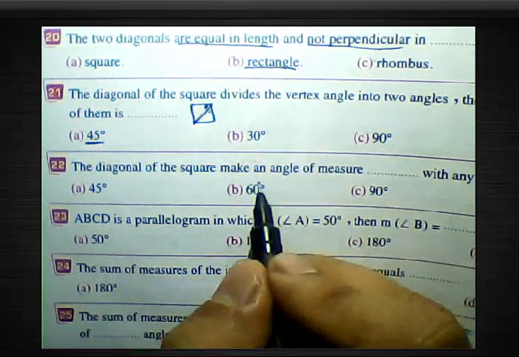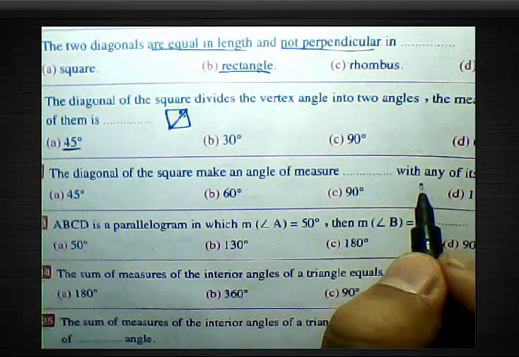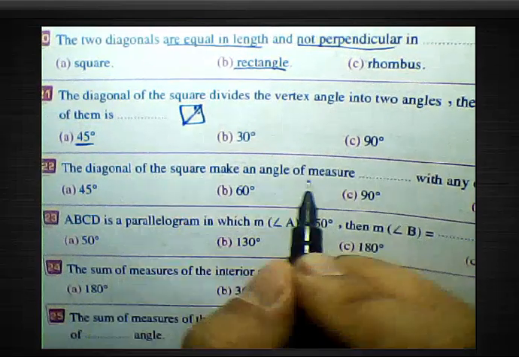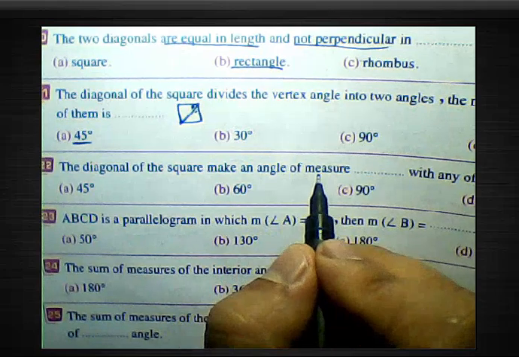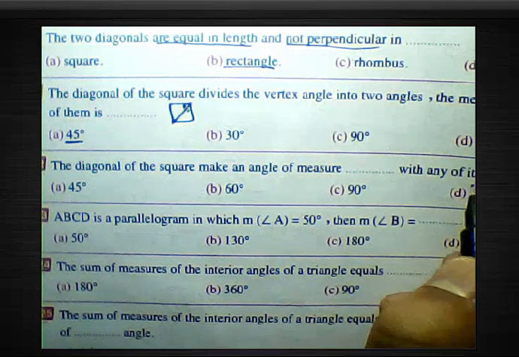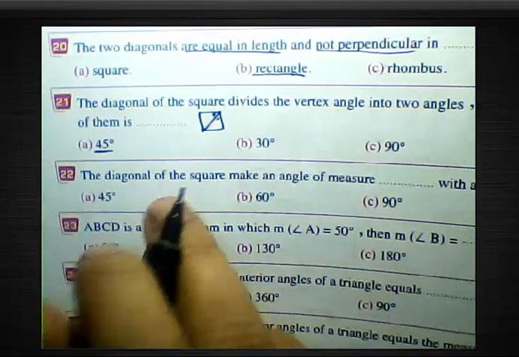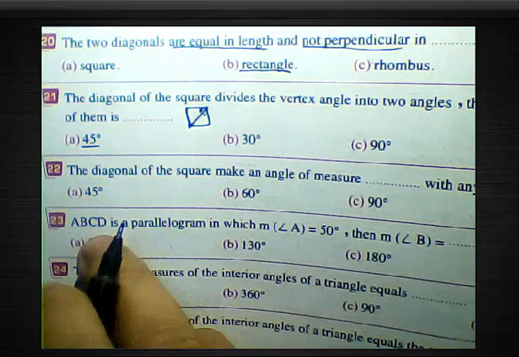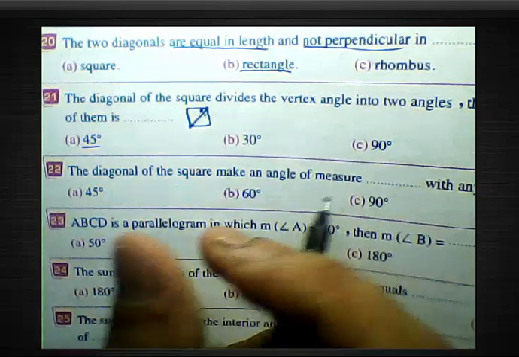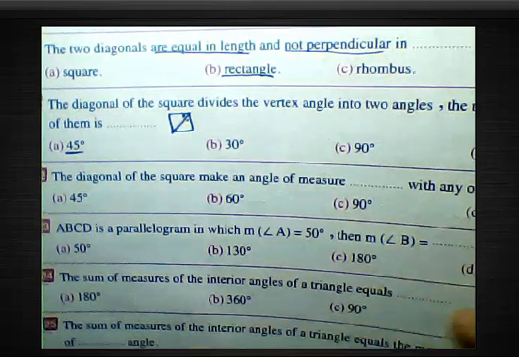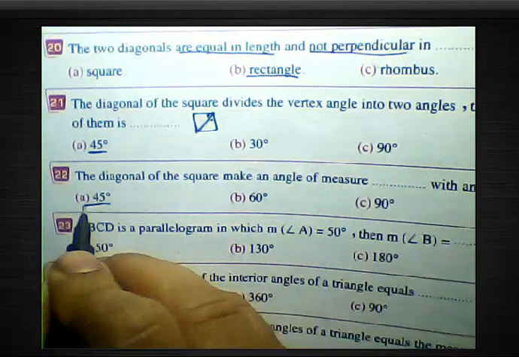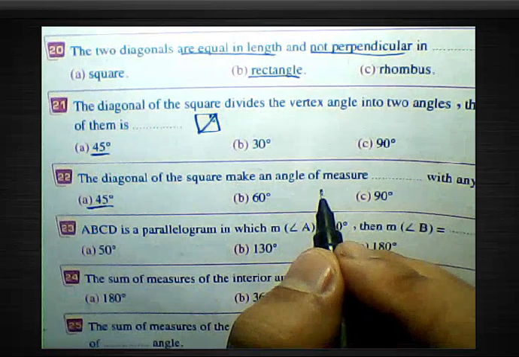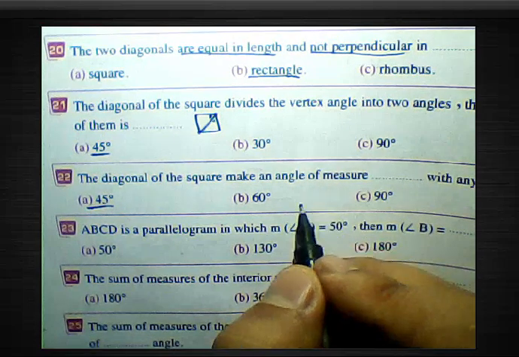The diagonal of a square makes an angle of what measure with any of its sides? Question 22: it will be 45 degrees because the diagonal of the square divides the vertex angle into equal angles, and the measure of each is 45.